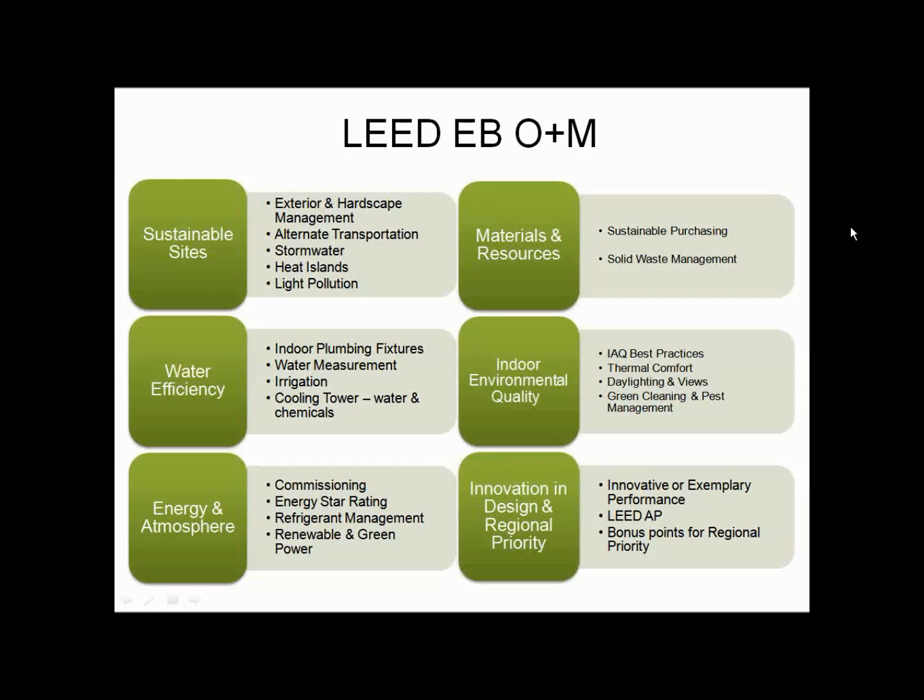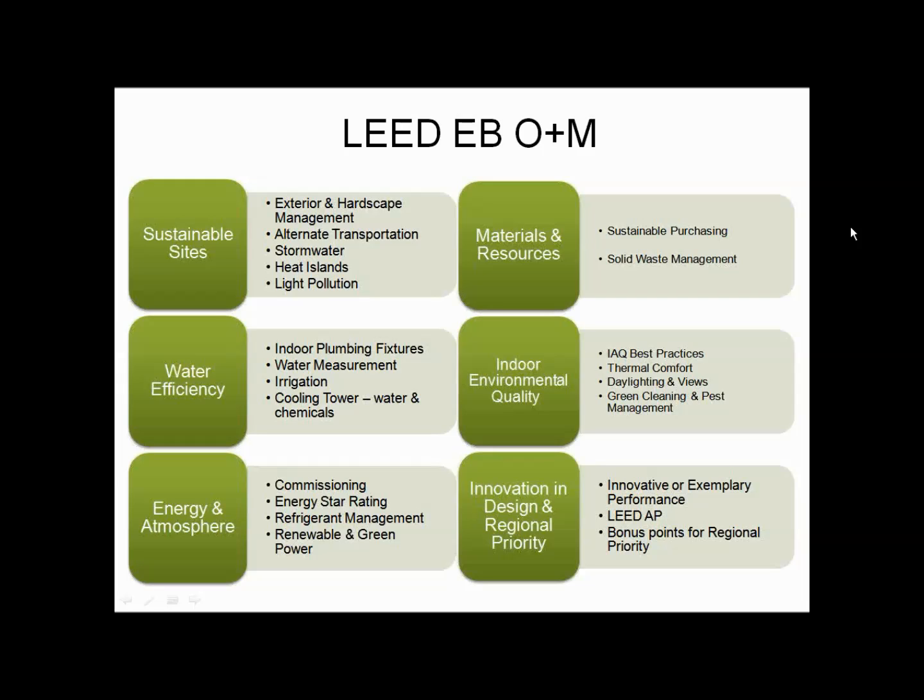When we talk about water, sure, we want to minimize the amount of water that our plumbing fixtures use, but we also start talking about process water, things like cooling towers and other uses of water in the building. In the energy category, it's more about not just designing your building to be energy efficient, but operating it to be energy efficient, and then actually measuring how much energy the building is actually using and managing it that way.